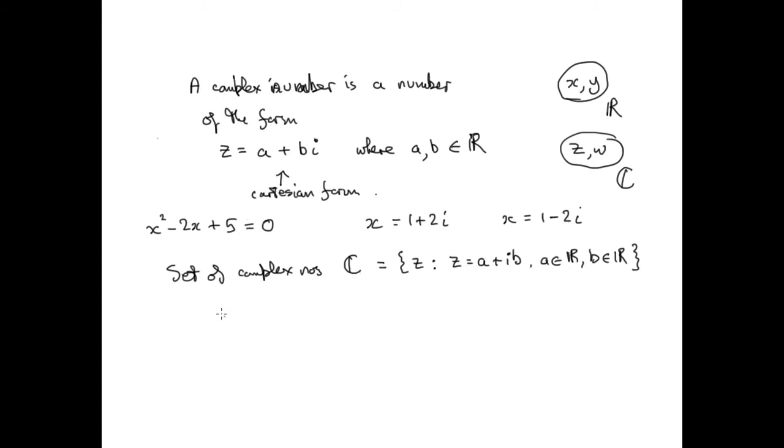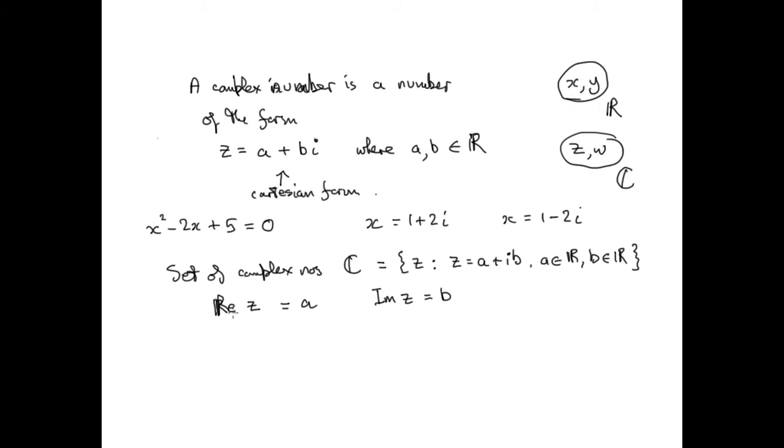there's one thing we should add: the real part of a complex number z is a, and the imaginary part of z is b.